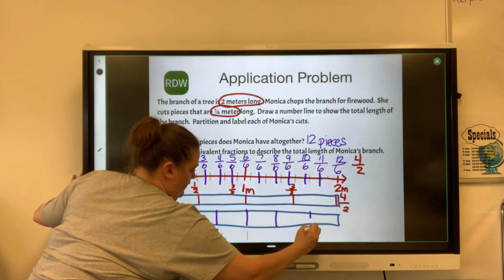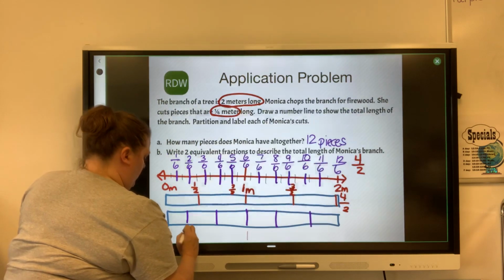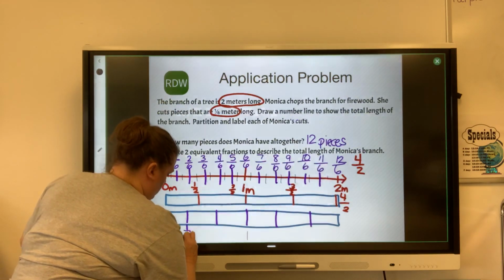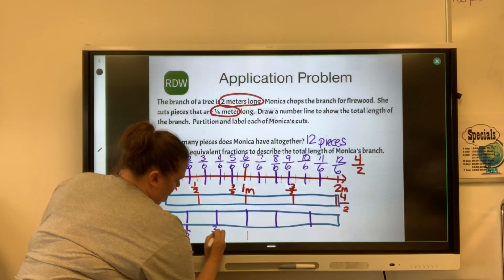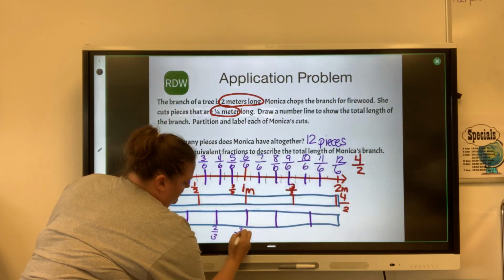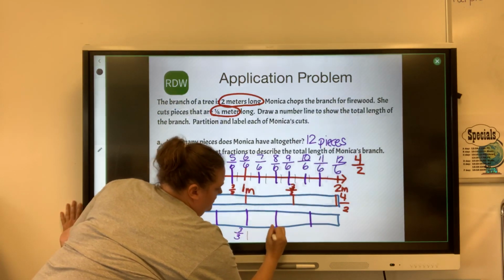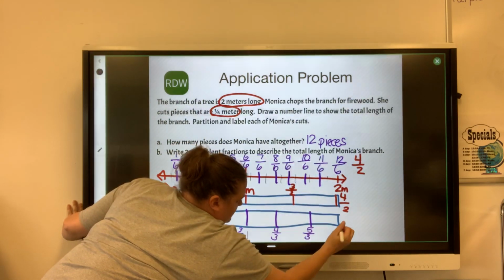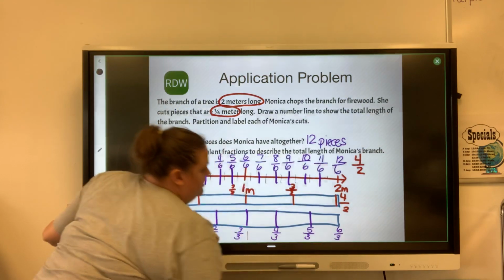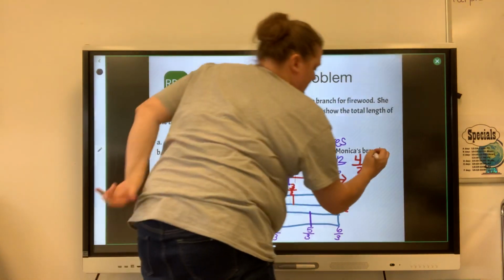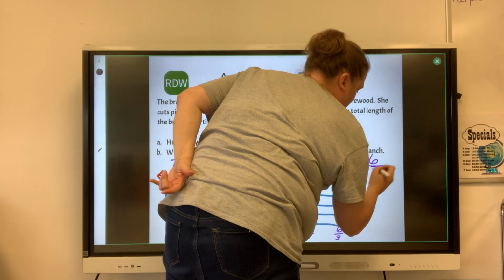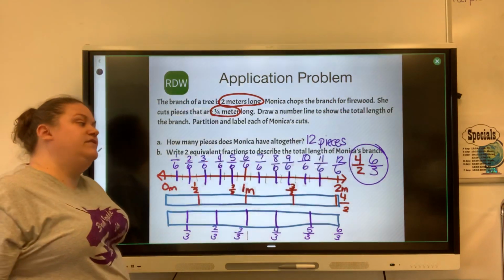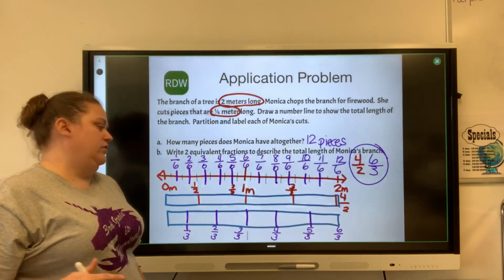This is going to be 1/3, 2/3, 3/3, 4/3, 5/3, and over here would be 6/3. So another way to write it would be 6/3. So you can write it as 12/6, 4/2, or 6/3.